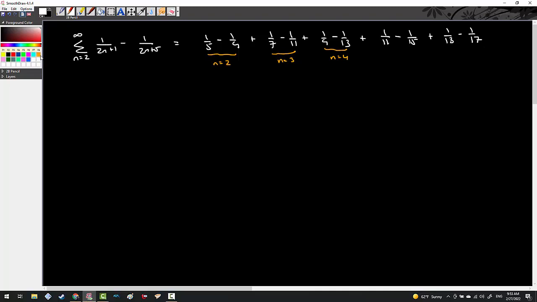So again, this is when n equals 5, and this is when n equals 6. Let's see what's going to start canceling here. I'm going to lightly cancel out the 1/9. The 1/7 seems to survive. It doesn't seem to go anywhere. The 1/11 seems to go away. Down the chain, the 1/13 seems to go away.